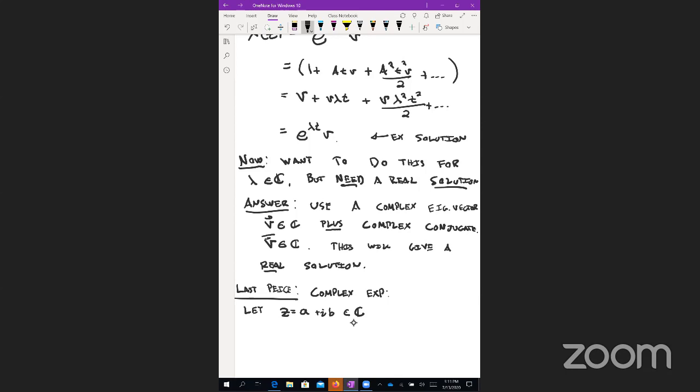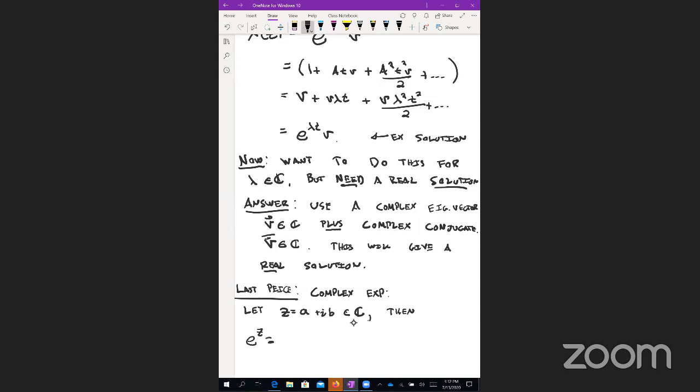Okay, so assume that we have a complex number. Then we're going to define e to the z in exactly the same way as we defined it for the matrix, right? We just go back to the power series definition. That is the definition of the exponential.